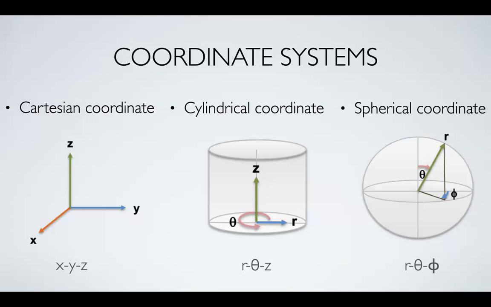You can see by the axes: in Cartesian coordinates it's x, y, z, cylindrical coordinates are r, theta, z, and spherical is r, theta, and phi. And again, it's your job to define the system that you're looking at to fit into one of these. Of course, the system that you're focusing on might not fit perfectly into any of these, but you have to select the closest one.